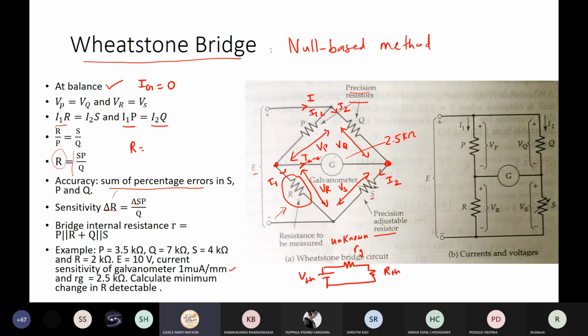Is it IG into RG, the current flowing through it into its resistance? No. When you open circuit it, what is the potential difference across these two terminals? It is not zero, I'm not talking about the balance condition.